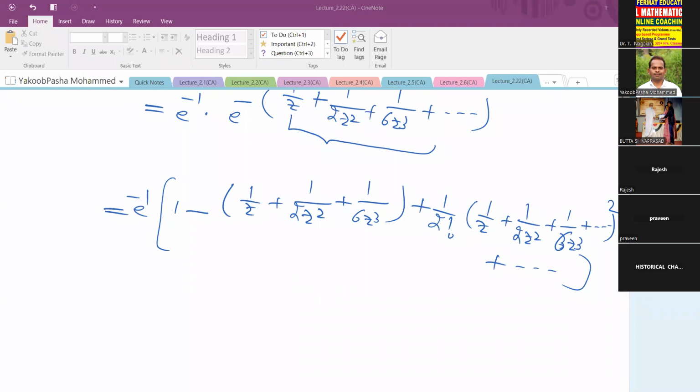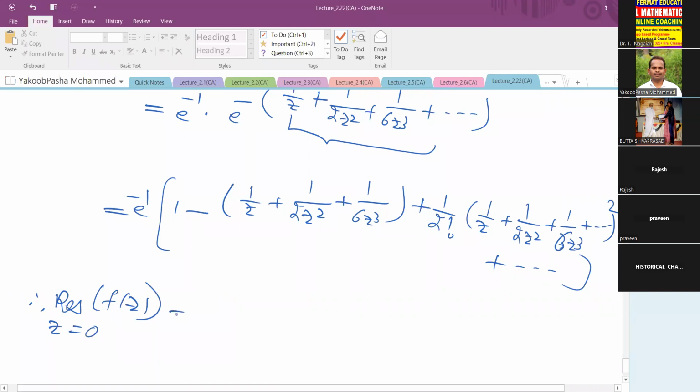By the basic definition, the residue of the function f of z at z equal to 0 is the coefficient of z minus 0 whole to the power of minus 1, that means the z power minus 1 coefficient in the expansion of f of z.